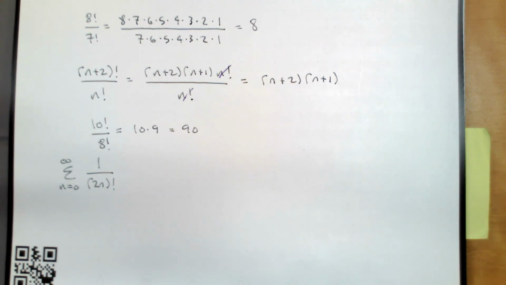Separating out 2 factors, the difference of 2 between your factorials, so that 2 factors get left behind.